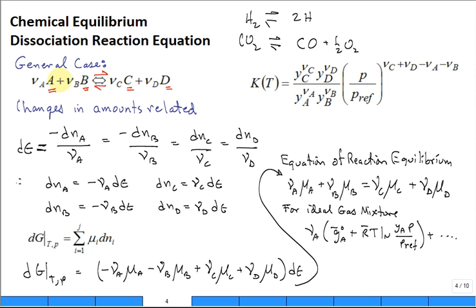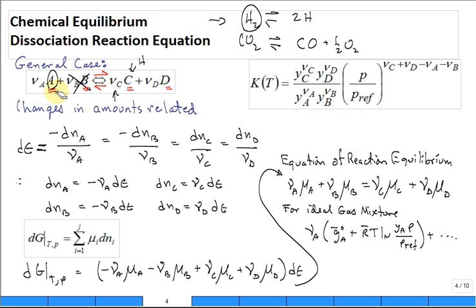But that's what these letters stand for. A would be H2. Nothing for B in this first example. C would be H, and the stoichiometric coefficient in front of H is 2, where the stoichiometric coefficient in front of H2 is 1. So hopefully all of that makes sense.